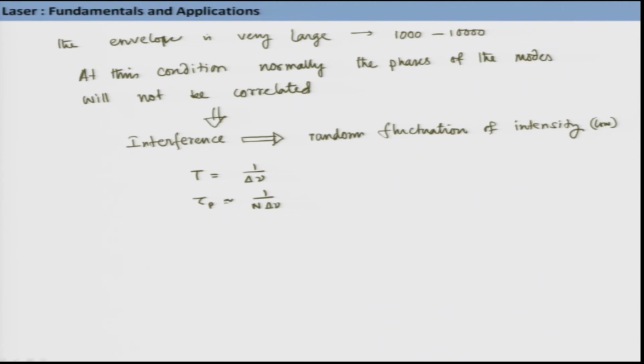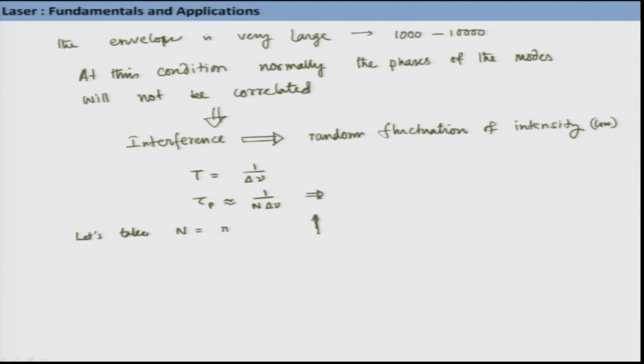This is almost equal to, okay, there is some constant term like pi. From this relation, what we can say is that for a number of modes, let us take n equals to say small n, okay.